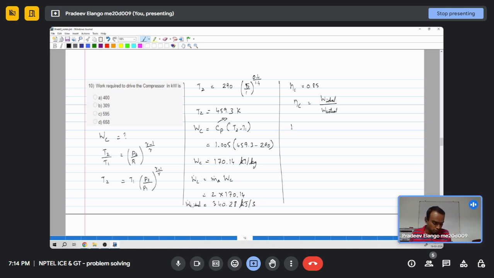So now we have to calculate actual work of the compressor. W dot C actual is W dot C ideal by compressor efficiency. So this is 340.28 and compressor efficiency is 0.85. Can you calculate the actual compressor work?